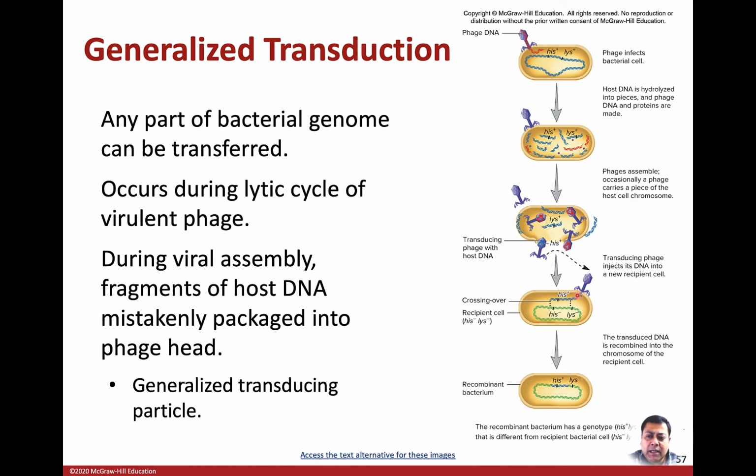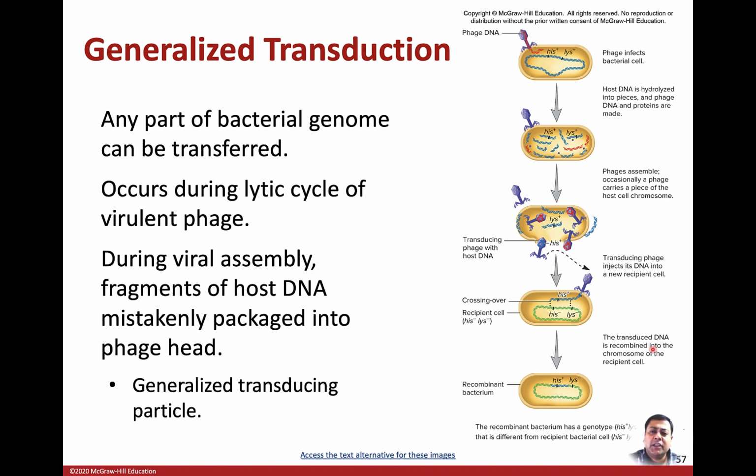So now it is incorporating the histidine genotype into a cell where you do not have a histidine positive genotype. It's a histidine minus. So after this process of transduction, this cell now becomes histidine positive, or it can produce the histidine, and this is known as the generalized transduction.